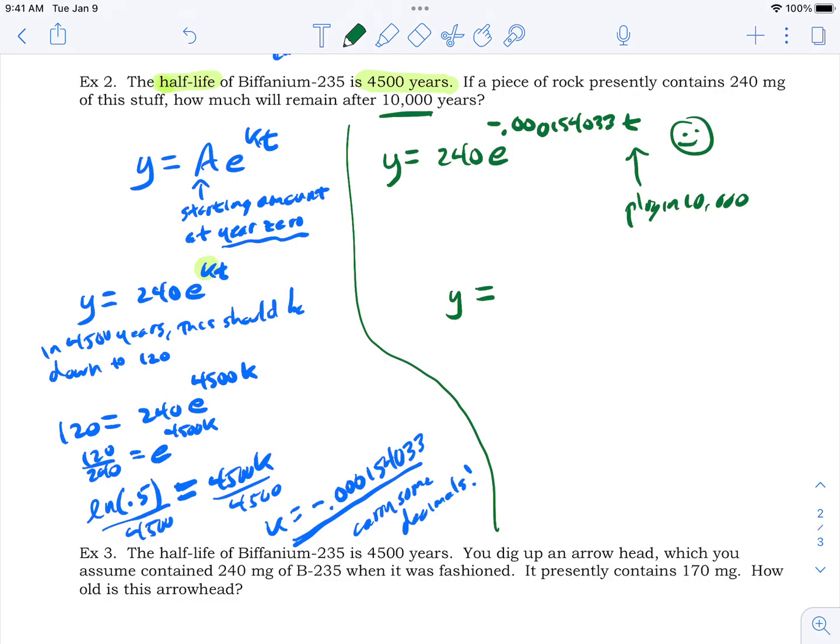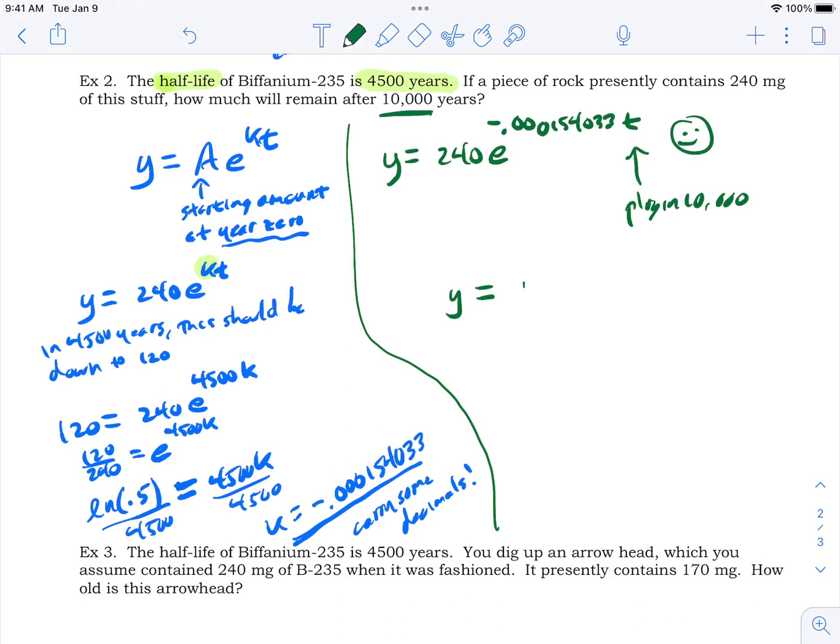Anyway, e gets raised to that power. So e to the answer is, now I'm looking at like a 0.21. And then I multiply by 240, and I'm getting, remember I was expecting less than 60? I got a 51.4, and these are milligrams. Cool, right? So you can use this exponential growth formula for exponential decay, for half-life type stuff. It works just fine.